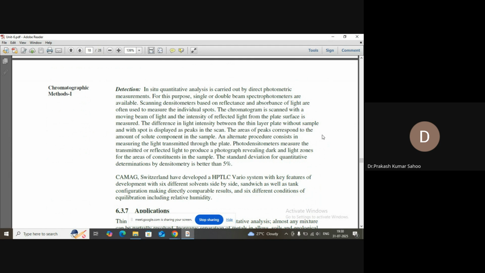The chromatogram is scanned with a moving beam of light and the intensity of reflected light from the plate surface is measured. The difference in light intensity between the plate without sample and the spot is displayed as a peak in the scan. The area of the peak corresponds to the amount of the solute component in the sample.